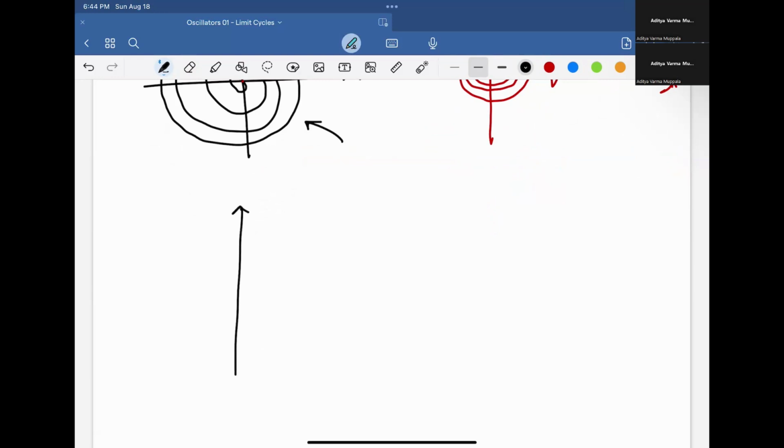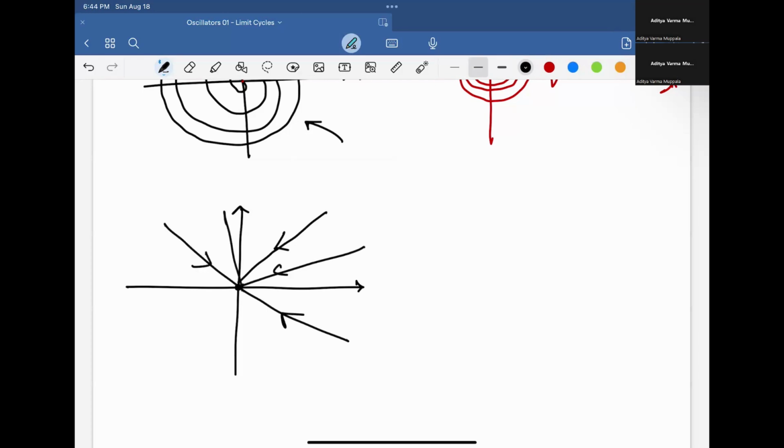So I can have, for example, another phase space where the trajectories look something like this, right? I have some point at 0, and then everything collapses onto this point, straight down, like this, right?